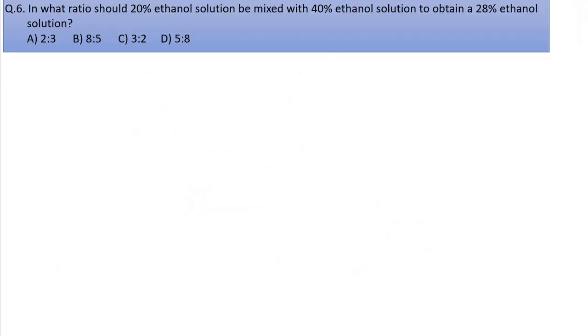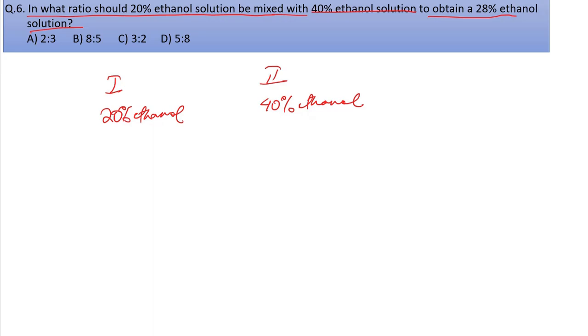And the next question: in what ratio should 20% ethanol solution be mixed with 40% ethanol solution to obtain 28% ethanol solution? We have the first mixture with 20% ethanol, and the second mixture with 40% ethanol, and after mixing these two, mixture 1 plus mixture 2, we have overall 28% ethanol.